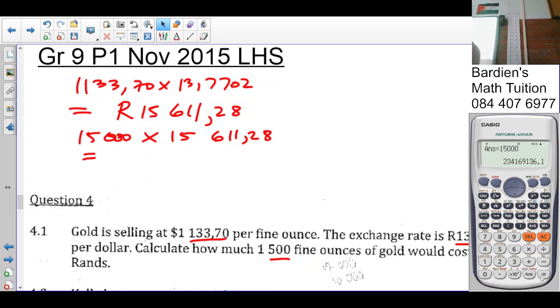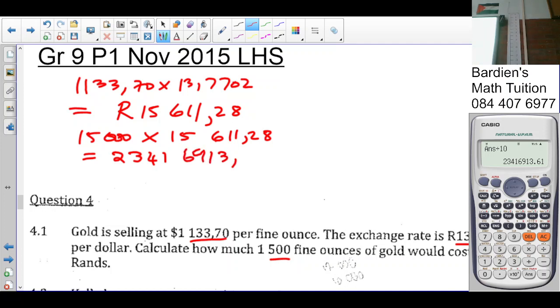So it's going to be 23 million. 1,500. That's the answer. So it's 2,341,000. I get nervous when I work with such big numbers, man.